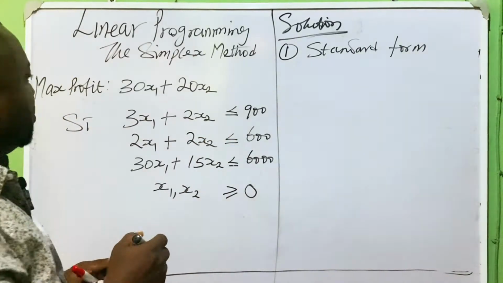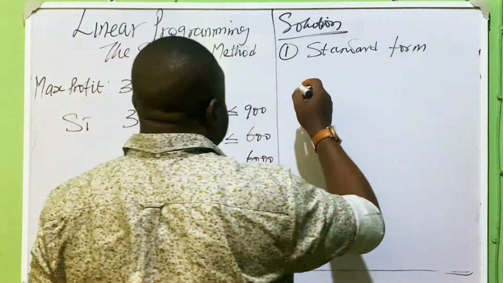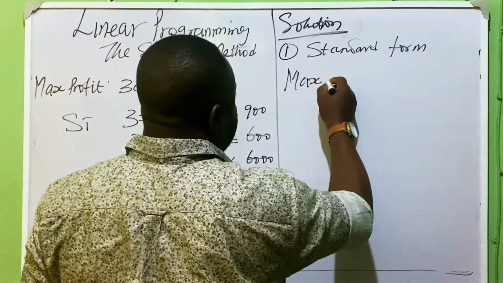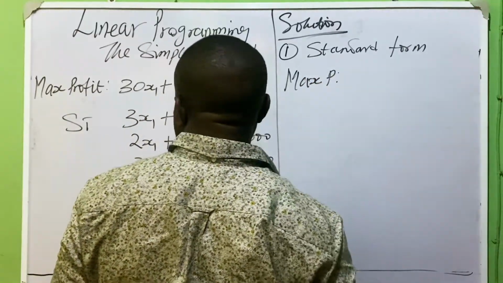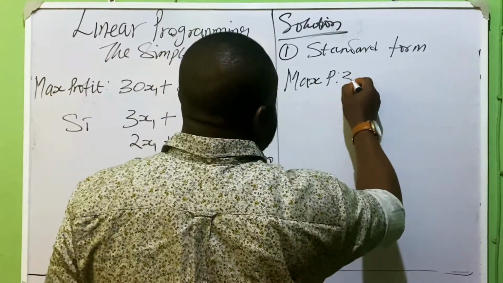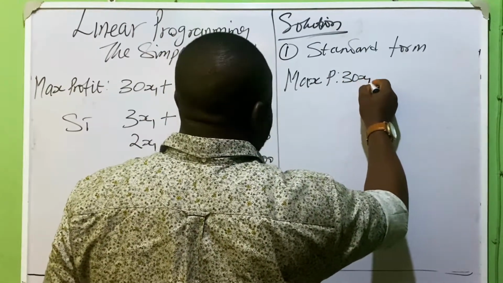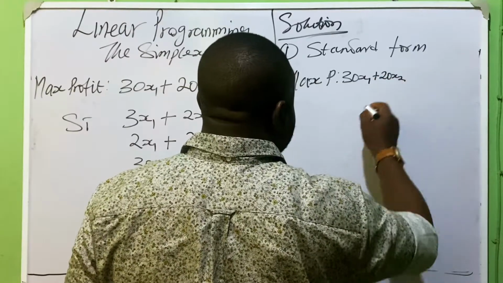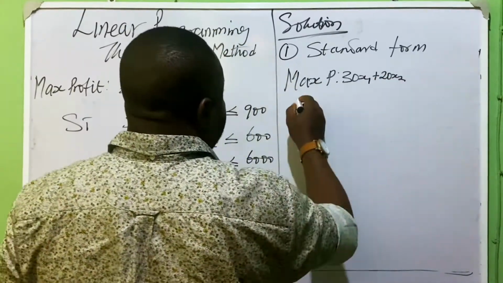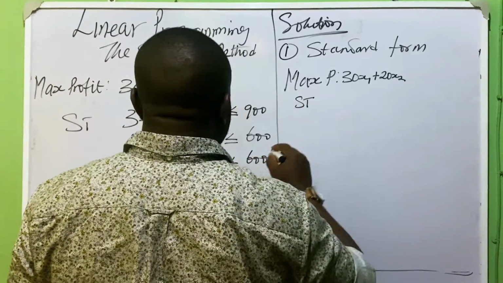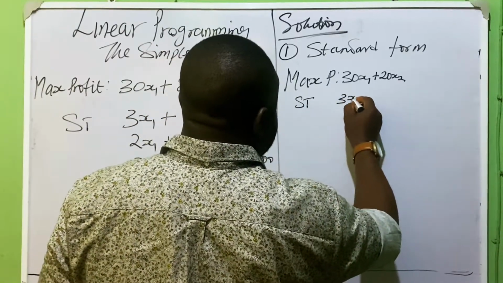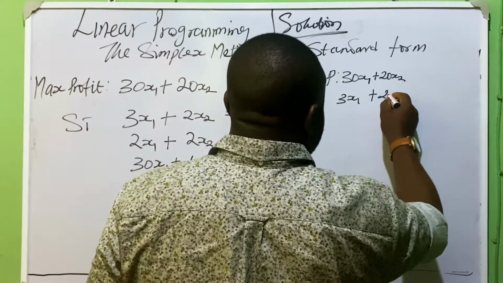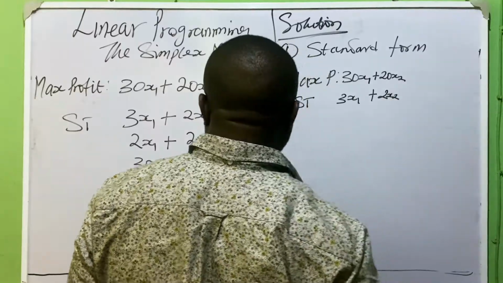So we bring in, firstly, maximize our P, which is profit, 30x1 plus 20x2, subject to our three constraints: x1 plus 2x2.